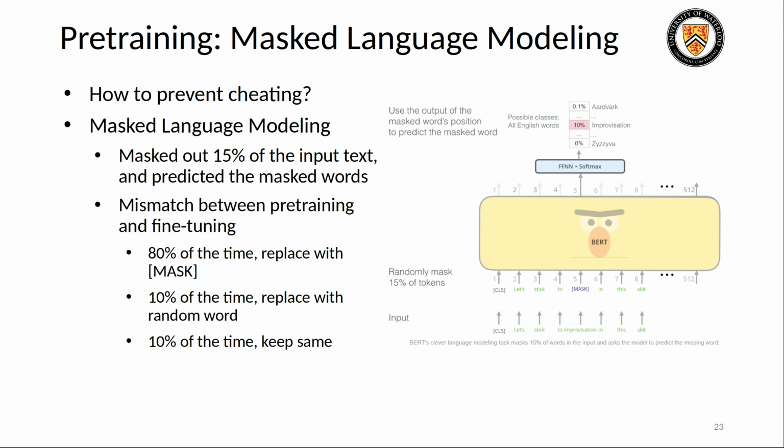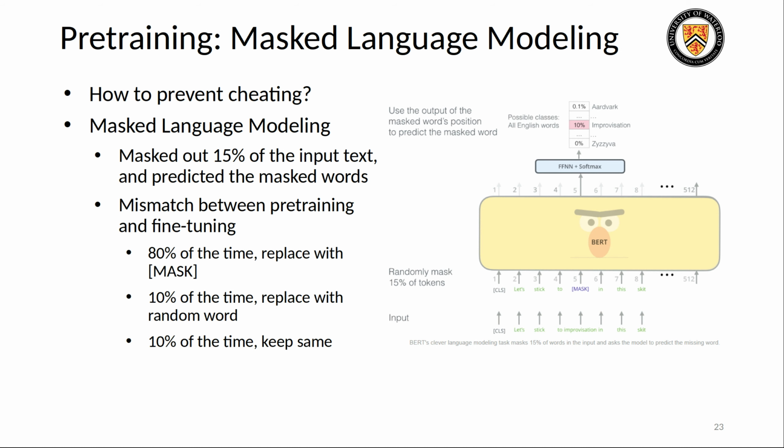To address this issue, BERT introduces a new pre-training objective called masked language modeling, MLM. In MLM, a random subset of the input tokens are masked, and the model tries to predict the original words based on their context. This allows BERT to capture bidirectional context while pre-training.